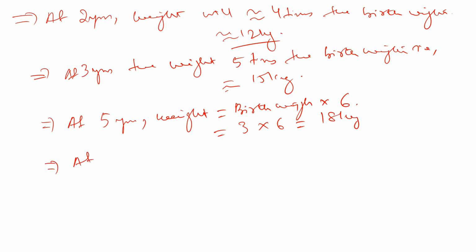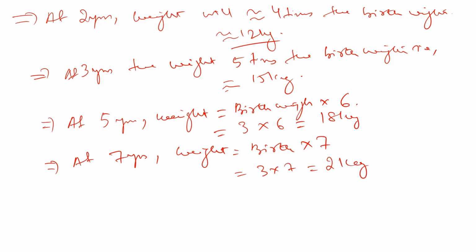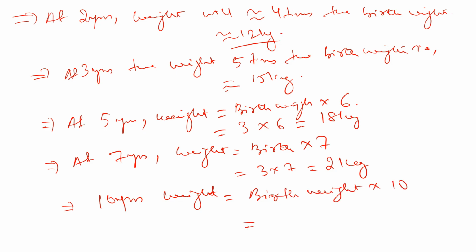At the age of 7 years, the weight will be birth weight multiplied by 7, that is 3 into 7, 21 kg. At the age of 10 years, the weight is birth weight multiplied by 10, so 3 multiplied by 10 equals 30 kg.